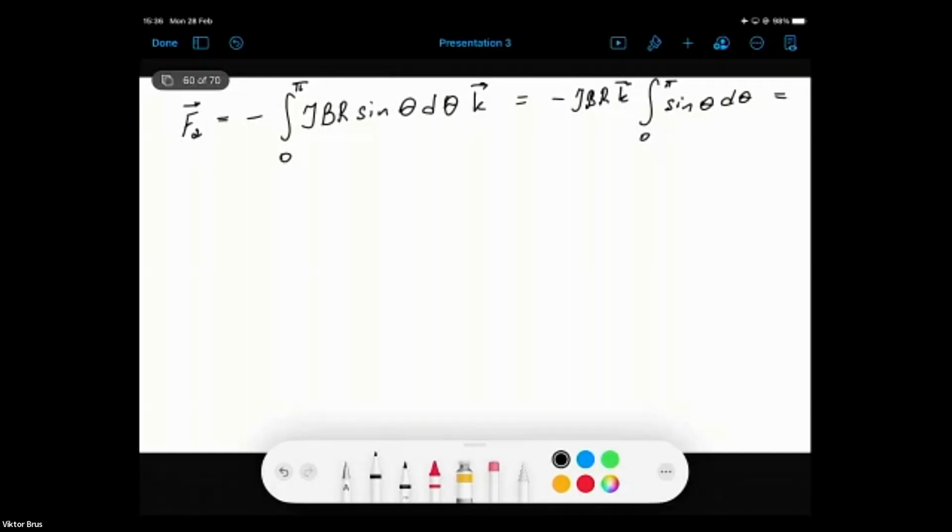So when we integrate, here the integral will give us minus cosine theta, from 0 to pi.